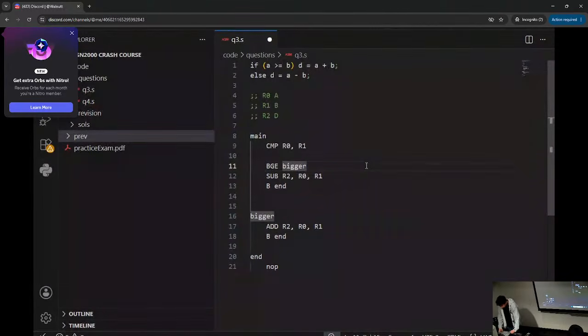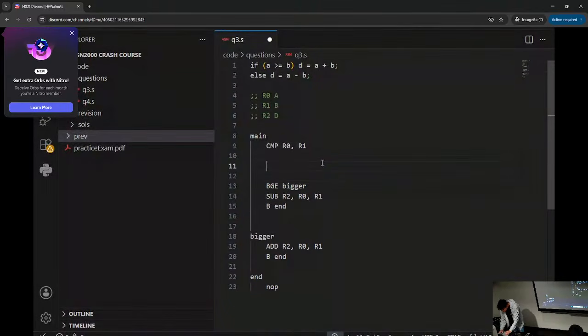So if we look here at our bigger branch, we're only really doing one instruction, right? So instead of branching to a label and then just doing one instruction, we can actually combine the instruction and the condition at the same time.